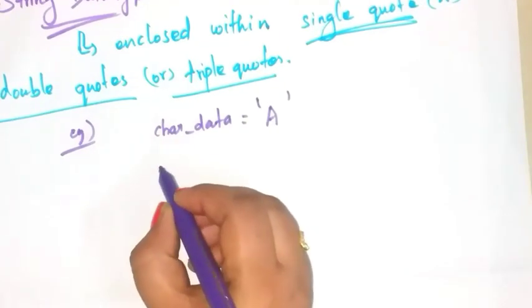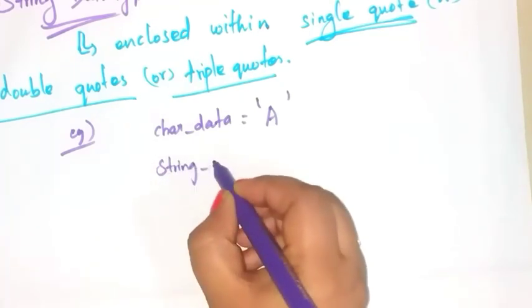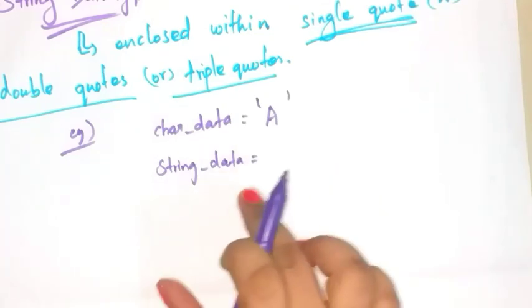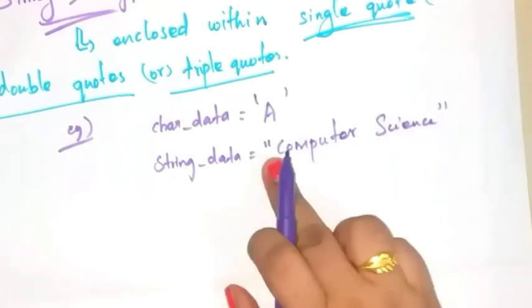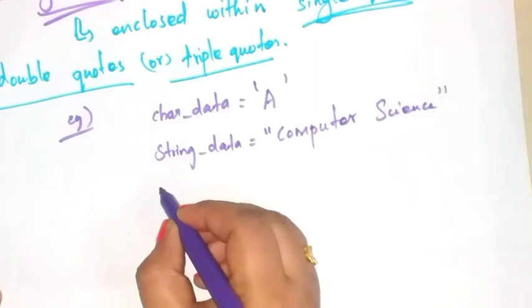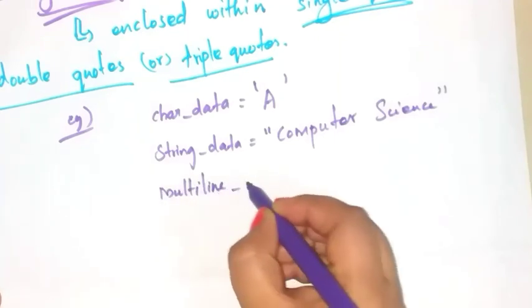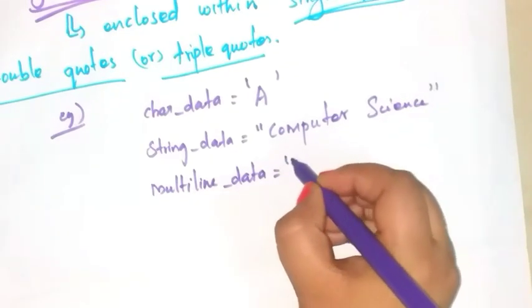And next, string data. This is single line data, Computer science. The string is enclosed within double quotes. Next, I am writing multi-line data. This multi-line data is enclosed within triple quotes.